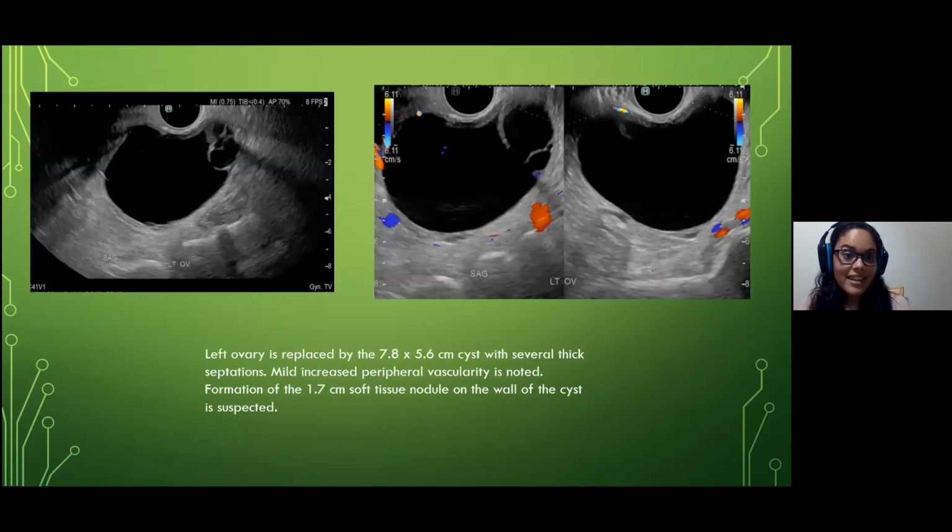But then the left ovary was fairly replaced by this 7.8 by 5.6 centimeter cyst with several thick septations. They did the color Doppler and again, mildly increased vascularity. The formation of a soft tissue nodule in the wall of the cyst was striking as well.